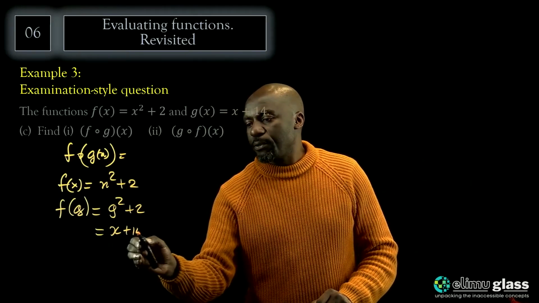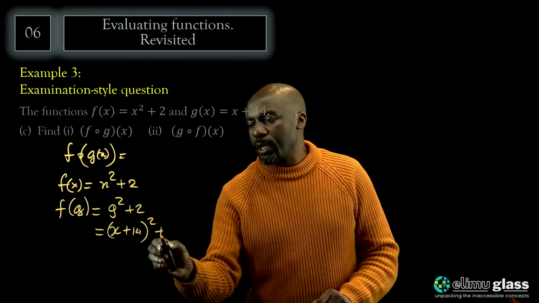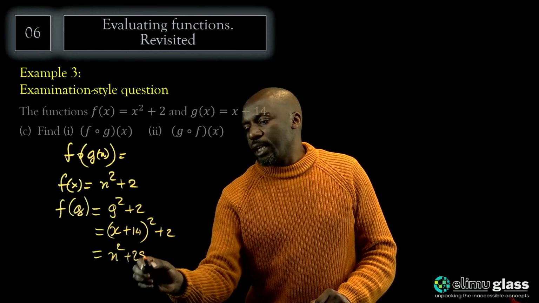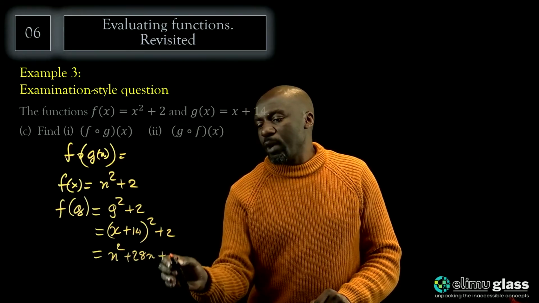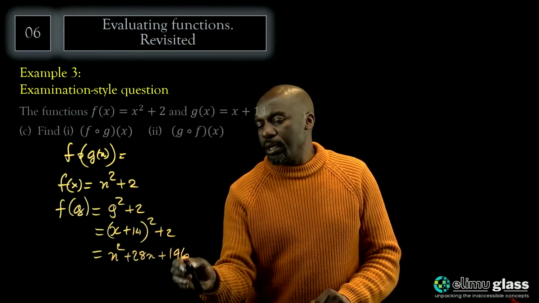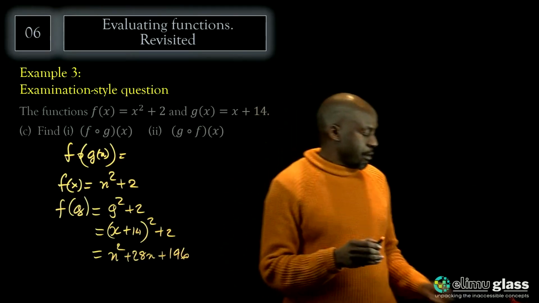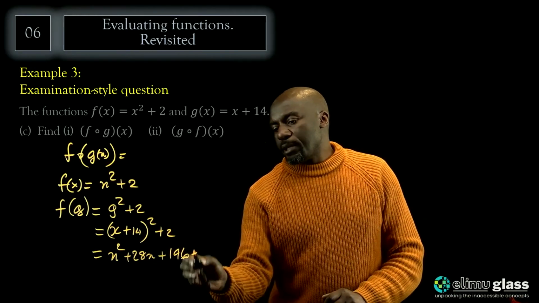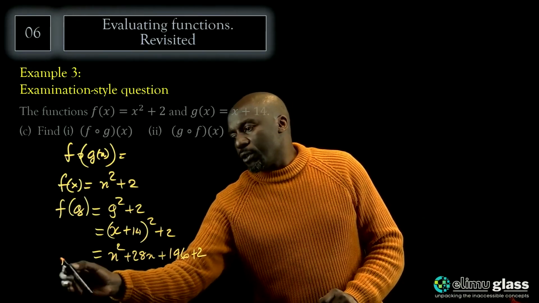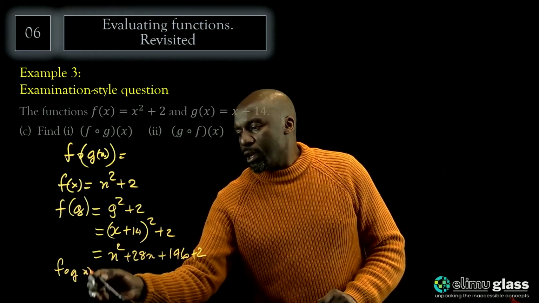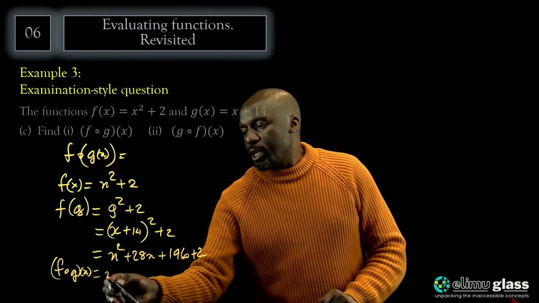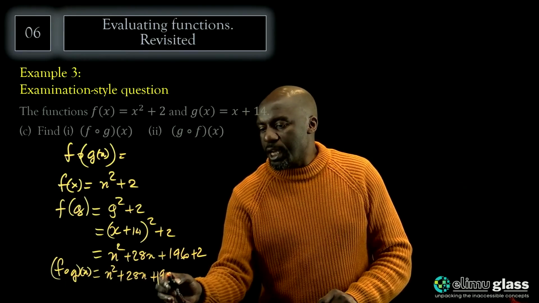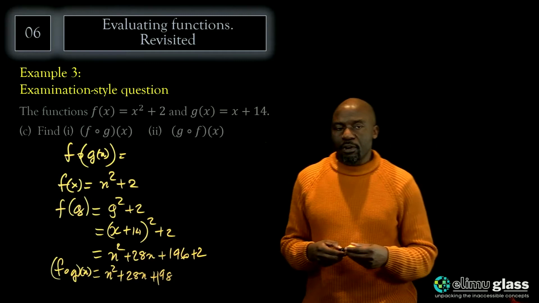So we'll say (x plus 14) squared plus 2. And that is x squared plus 28x plus 14 squared, 196, I believe. 14, yes, 196. Then plus 2. So f of g of x has to be x squared plus 28x plus 198. And that is f of g of x.